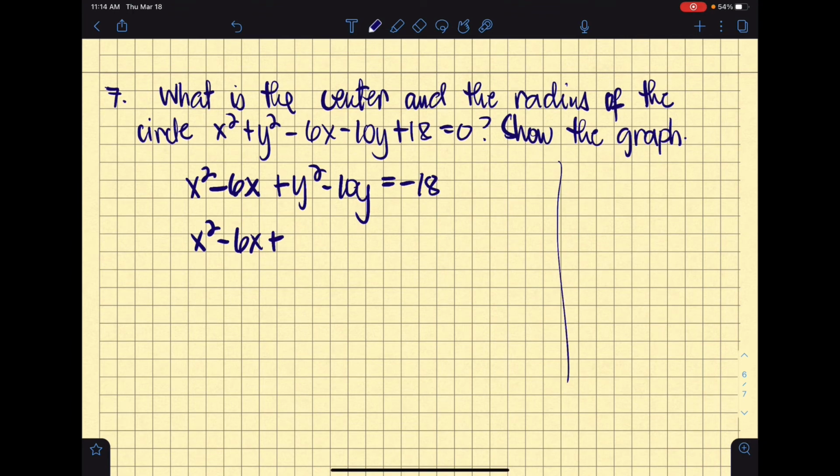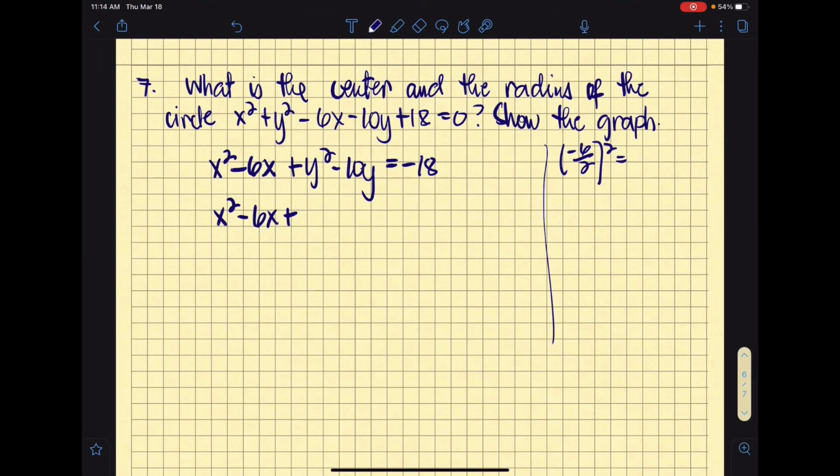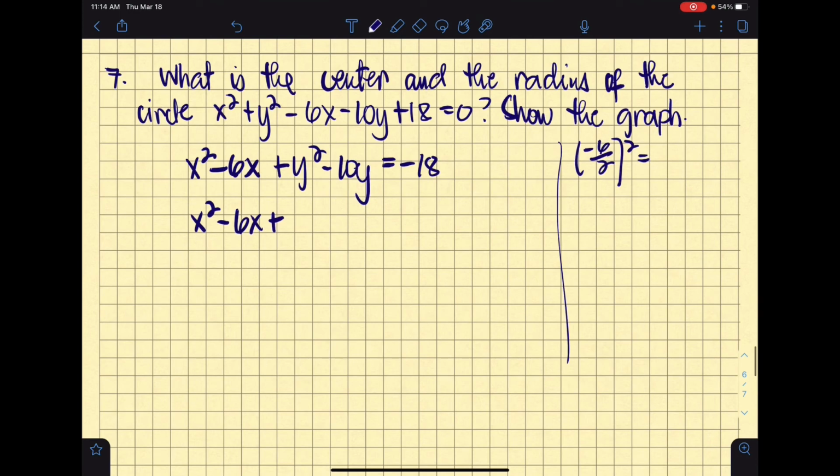So you have negative 6 divided by 2 squared to complete the square. So negative 6 divided by 2 is negative 3, and negative 3 squared is positive 9. So to complete the square, we're going to add another term, which is 9.